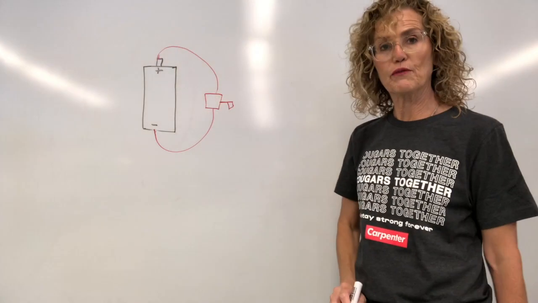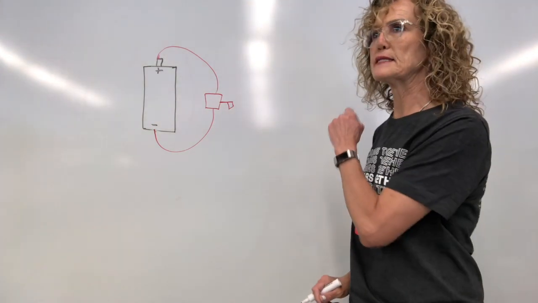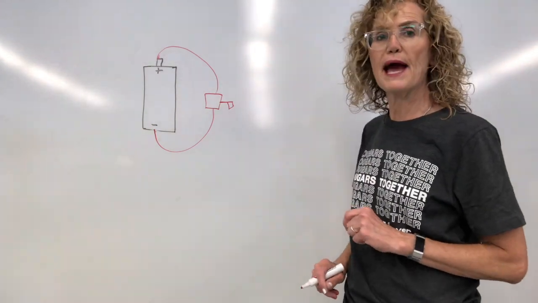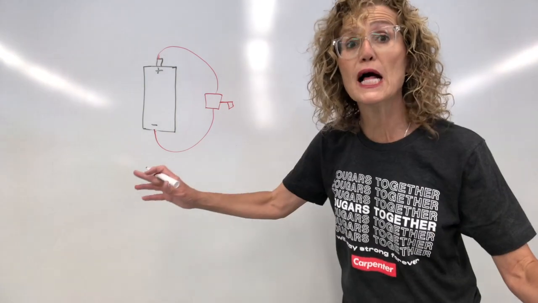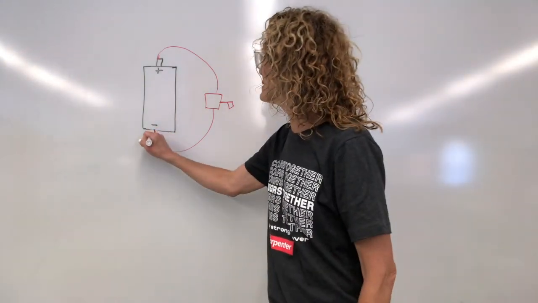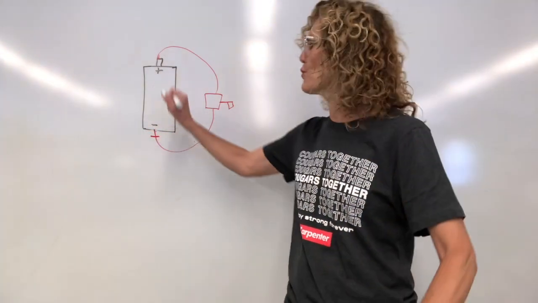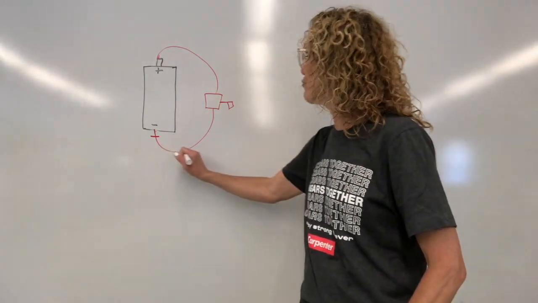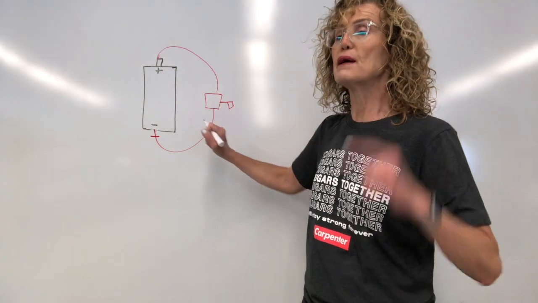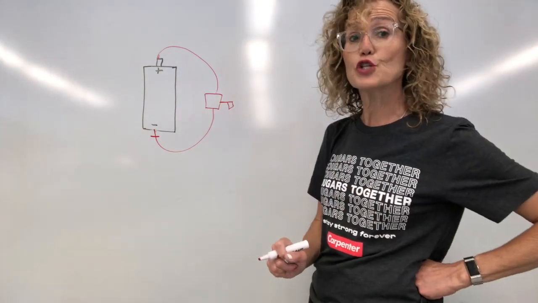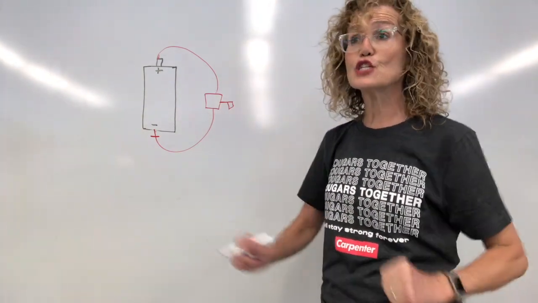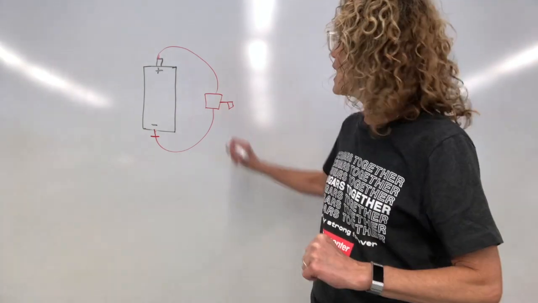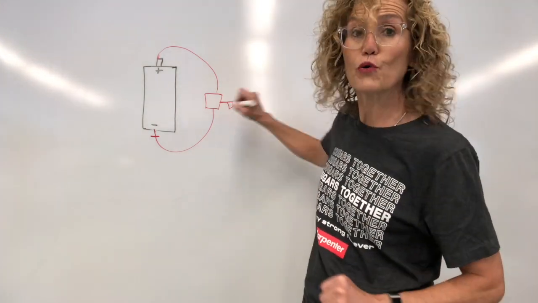Okay, so now this is the key thing. Electrons leave the negative end of the battery because they are repelled out, right? The electrons say, I want to get away. They are repelled out of the negative end of the battery. They travel through the wire. But this time, they have to do some work. They can't just run as fast as they can. They have to make the motor spin.